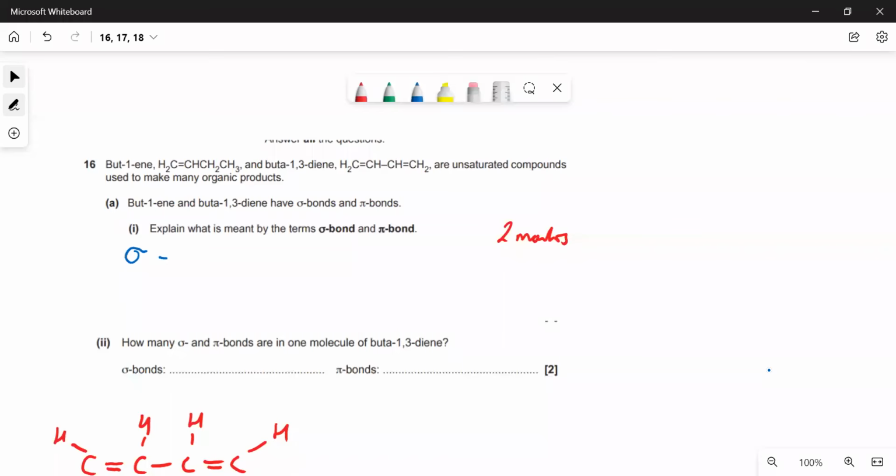is formed by the overlap of two orbitals, and the electron density is between the carbon atoms.